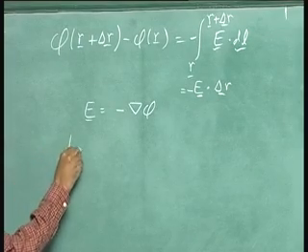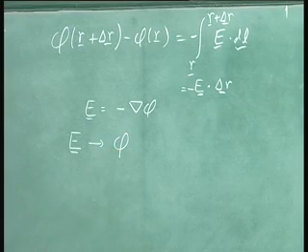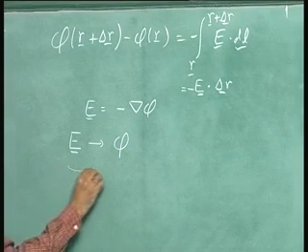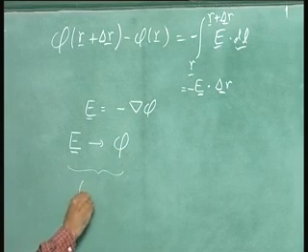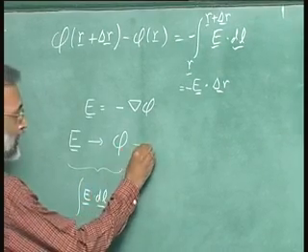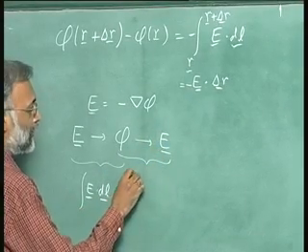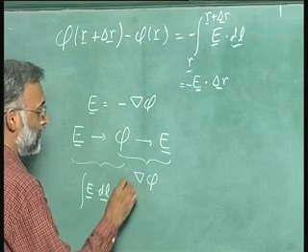So, in other words, from the electric field I can go to potential, this is by integral E dot dl, and from the potential I can go back to the electric field, this is by gradient of phi.